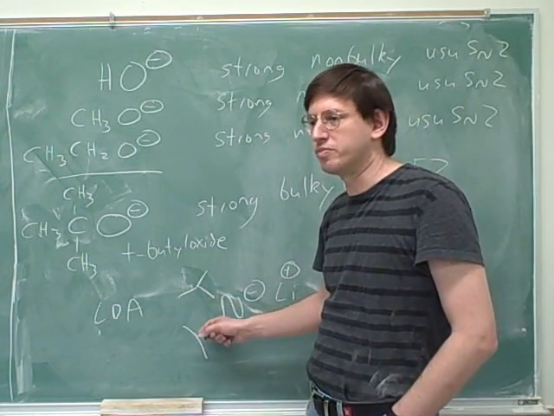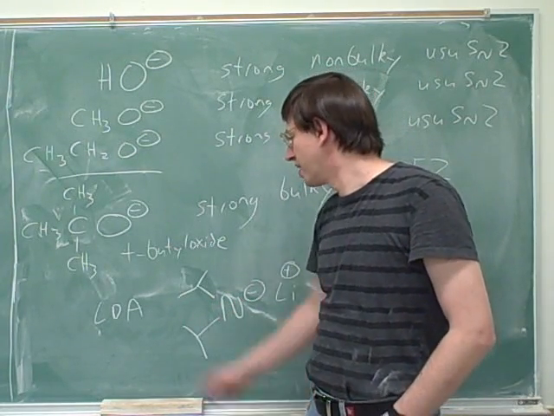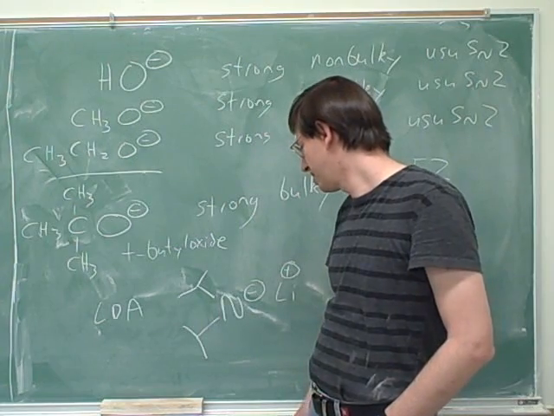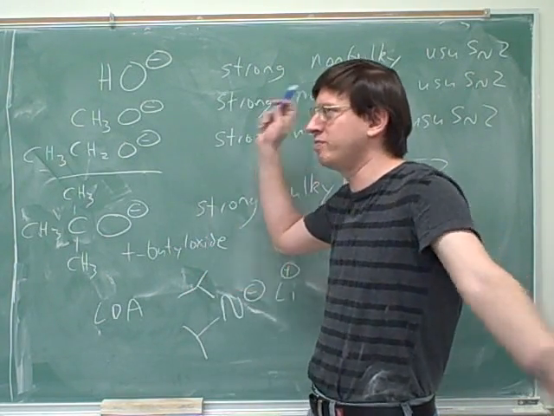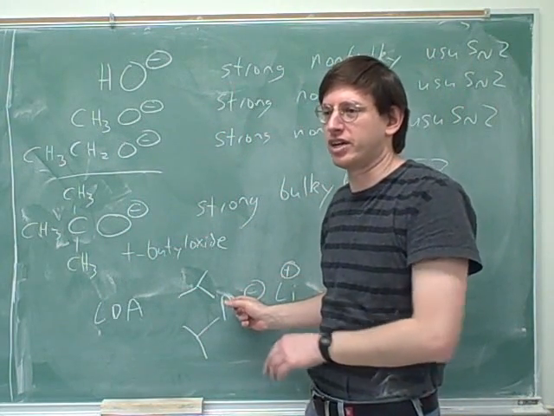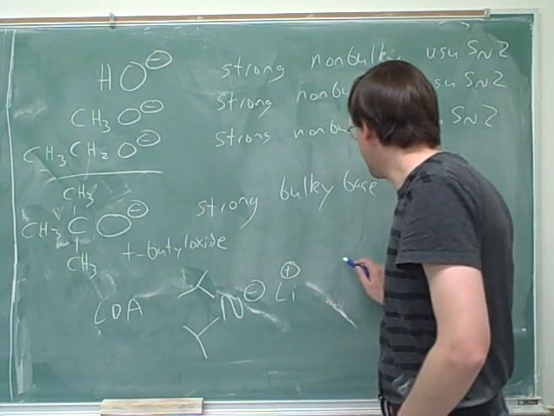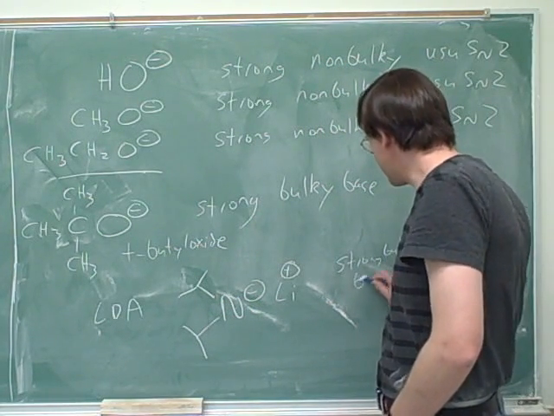These are two isopropyl groups. And the A stands for amide. You probably don't need to know what it stands for. You should just know LDA. Does this look bulky? Yes. These isopropyl groups are great big, like great big windmill blades that are constantly whirling around and getting in the way and causing steric hindrance. So this would also go in the category of a strong, bulky base.